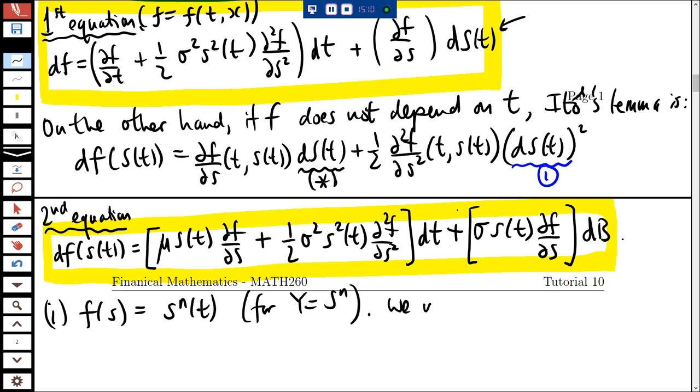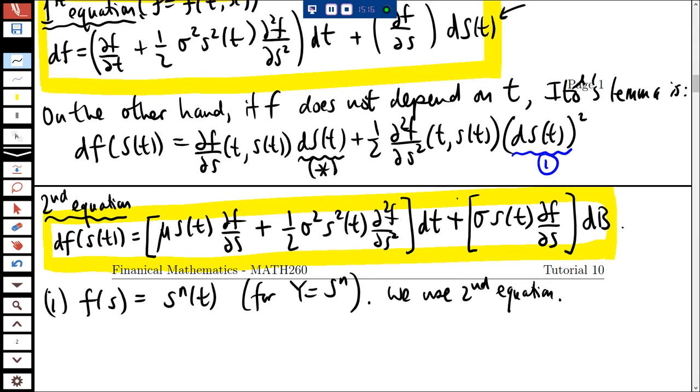So we're going to use the second equation in yellow. Okay, so the partial differentiation next. If we differentiate f with respect to s, there we go. df ds is n s to the n minus 1.